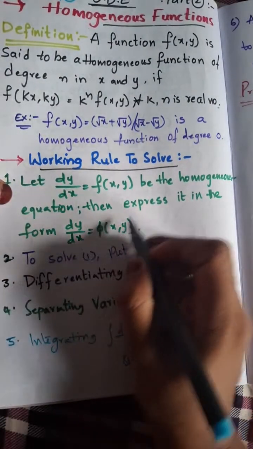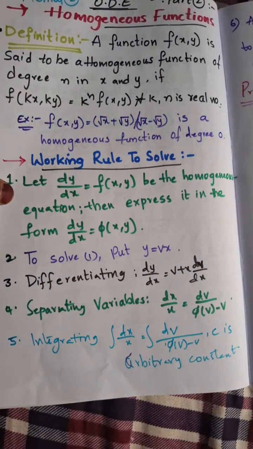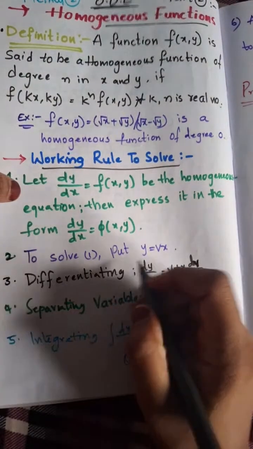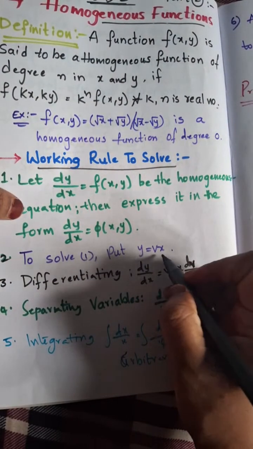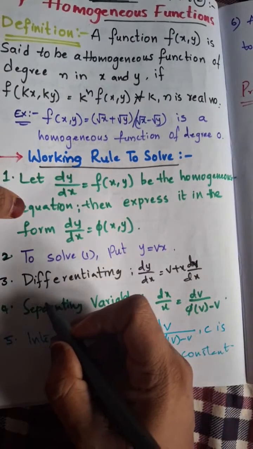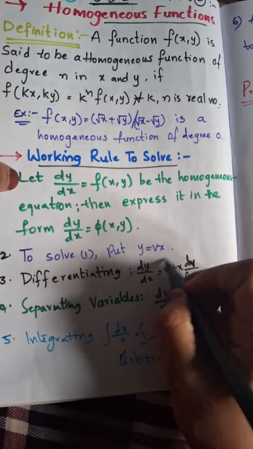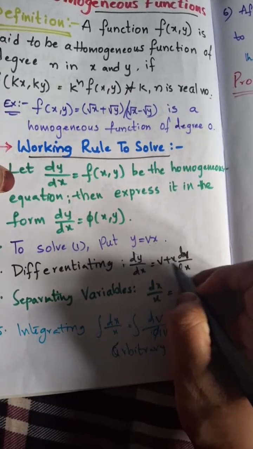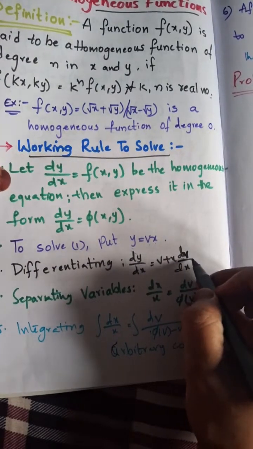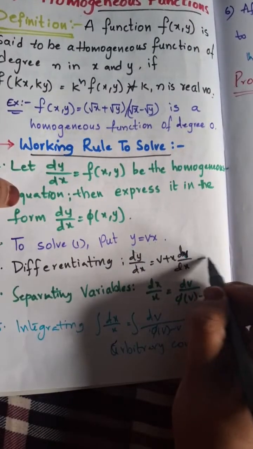Next, to solve this, in the first equation we put y equal to vx; in place of y we write vx. Now differentiating, we get dy by dx equals v into 1 plus x into dv by dx. This is the second equation.